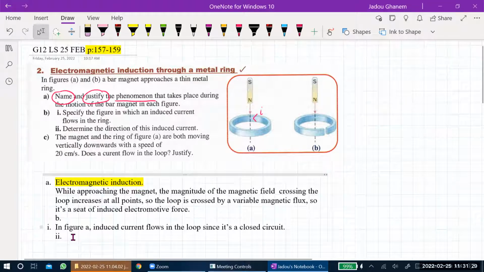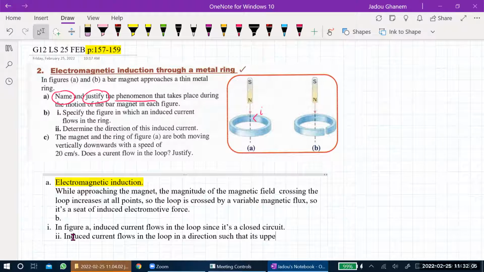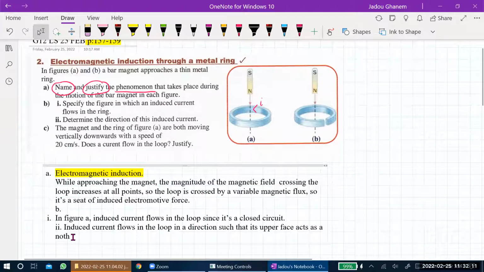If you want to provide a detailed explanation within some sentences, we can say that induced current flows in the loop in a direction such that its upper face acts as a north pole.